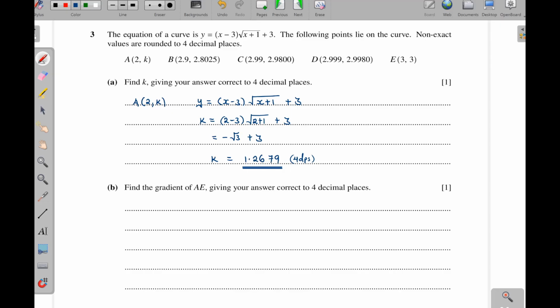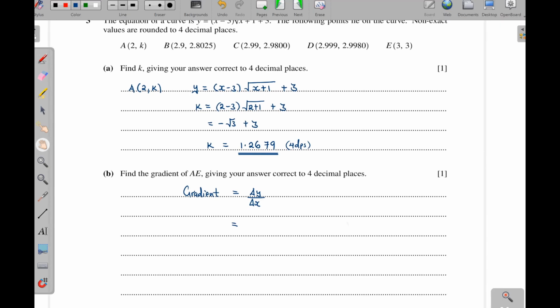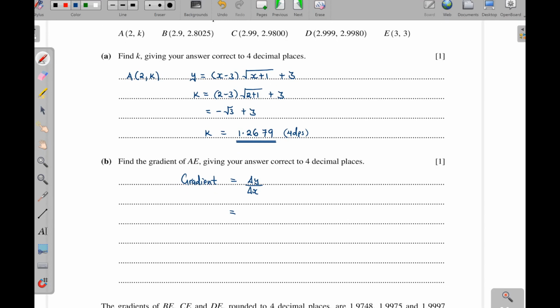Then next, part B, find the gradient of AE, giving your answer to 4 decimal places. We know that gradient is the change in y over change in what? In x. Not so? Change in y over change in x. Now, what is the change in y? Look at A and E. So we have a 3 here, then minus the k, which we have gotten as this.